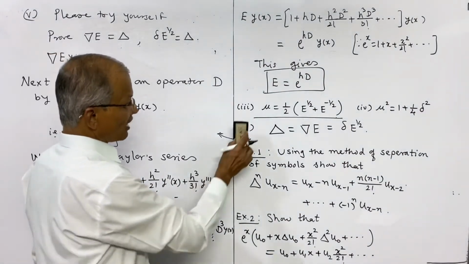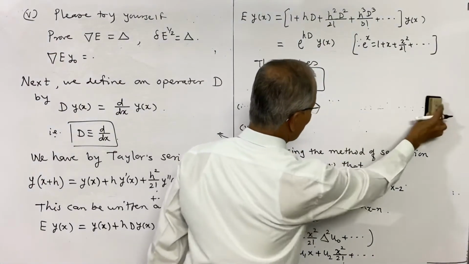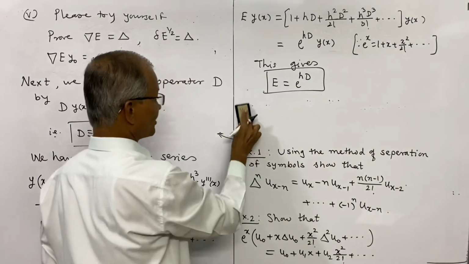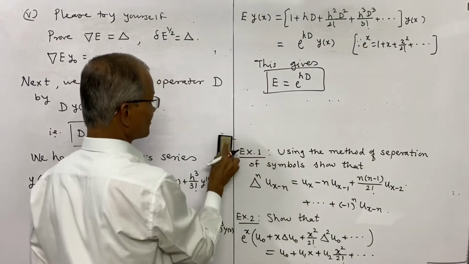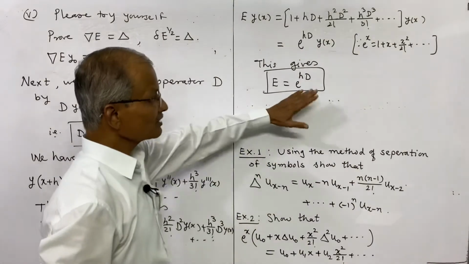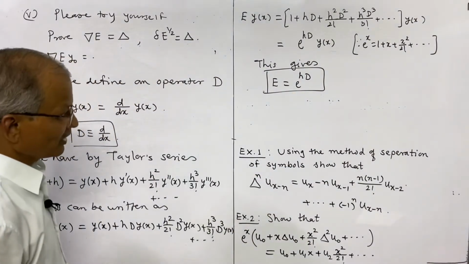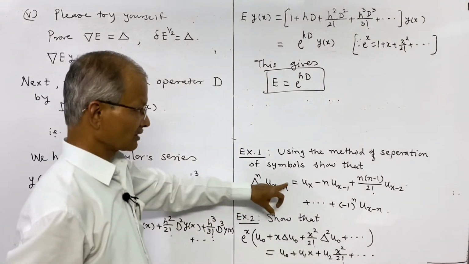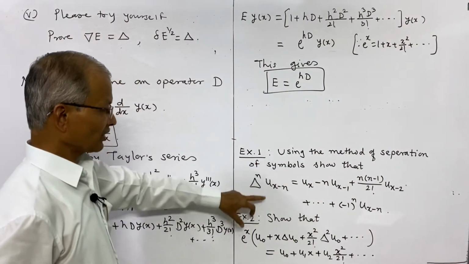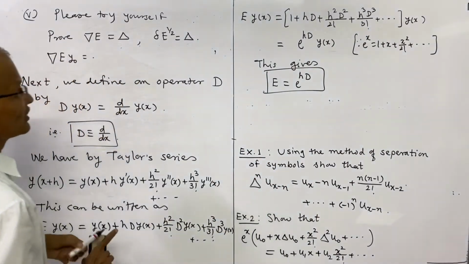And now there is a method of separation of these symbols. Operators mean symbols, and using these relations between E and delta etc., we have to prove certain results, and there are 2 examples I have written here. We shall prove this.